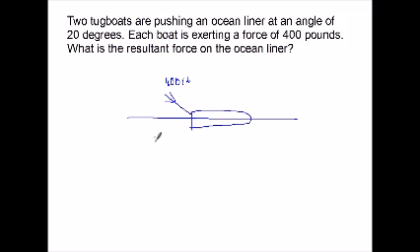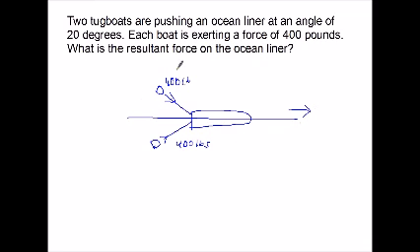I've got another boat pushing this way with a force of 400 pounds. And I want to know what's the resultant force. Now, visually, you've probably got a good idea here. This boat is pushing this way, this boat is pushing this way. Together, they're pushing along this way.